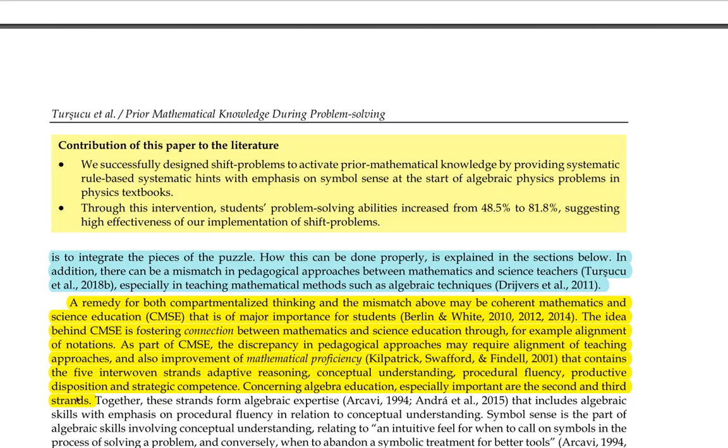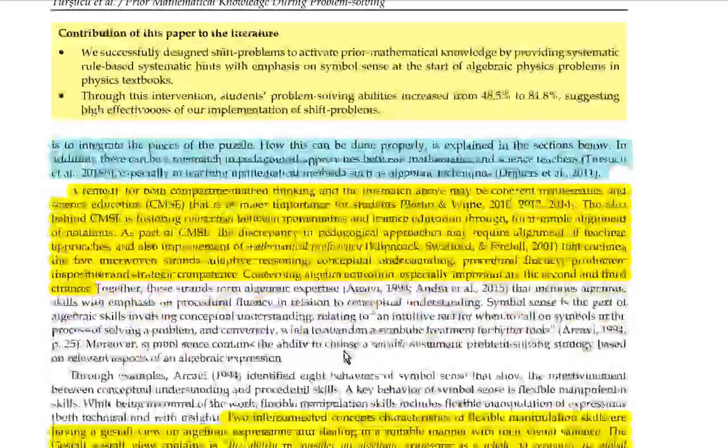So we have these five interwoven strands of adaptive reasoning, conceptual understanding, procedural fluency, productive disposition, and strategic competence. That's common to all problem solving. But concerning algebra education, the second one here, conceptual understanding and procedural fluency, is very much an issue with geometric algebra since it will be new to a lot of students.